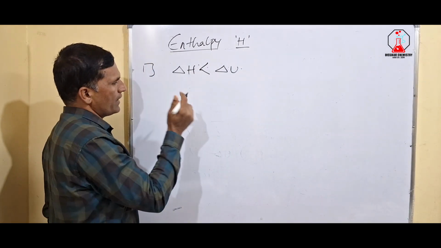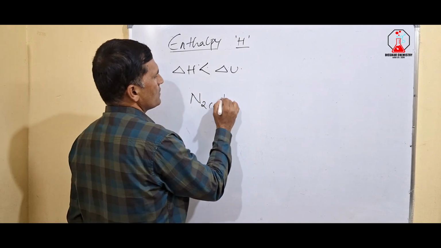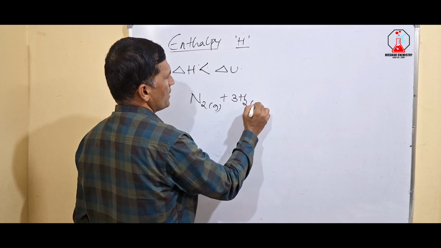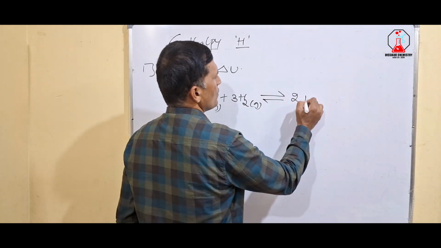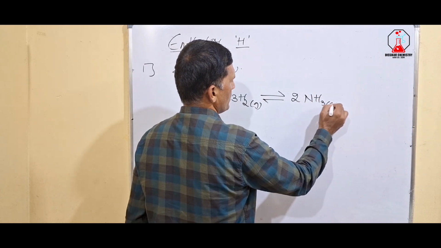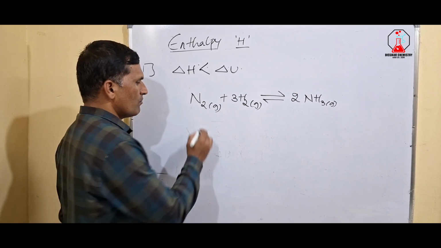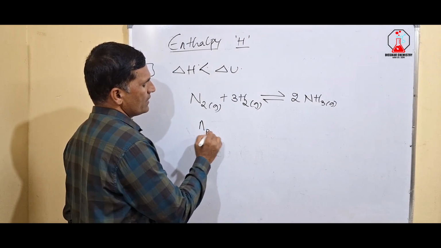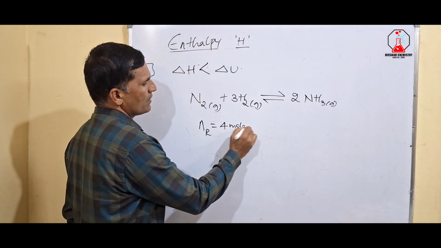So now consider the reaction, that is the formation of ammonia. N2 plus 3 moles of H2 combine to give 2 moles of ammonia. Now look at the number of moles of gaseous reactants: it is 1 plus 3, so 4 moles are there.